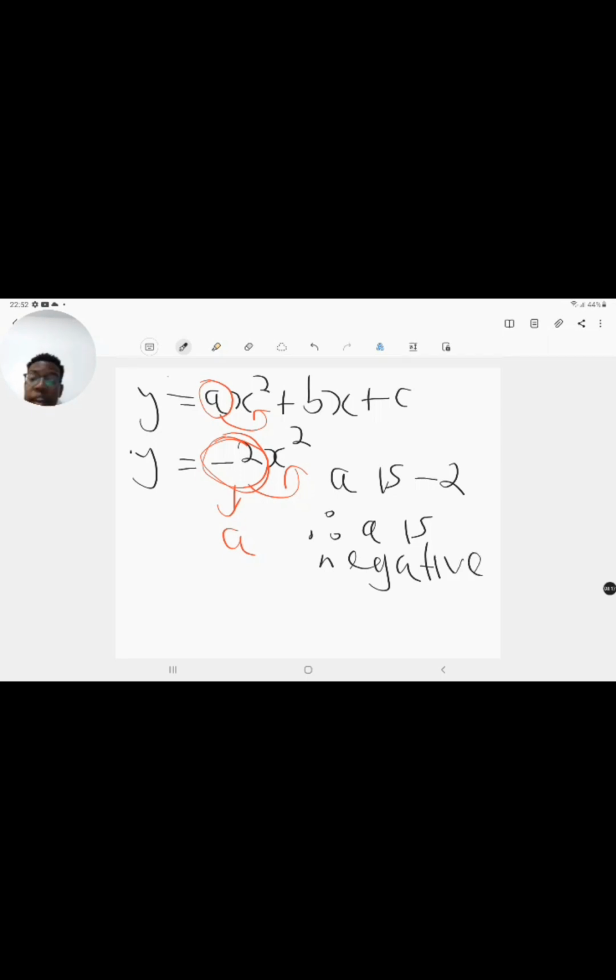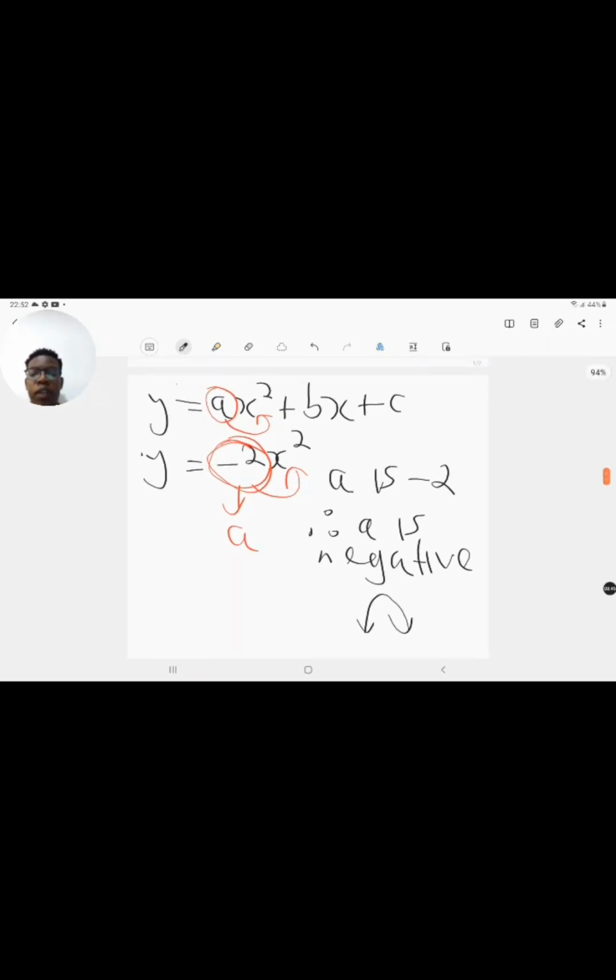Negativity means unhappy, a sad situation. So the graph will be going in the downwards direction. So far we're not sketching. We're going to sketch all these graphs in subsequent videos, but now I'm just explaining the basics of these standard forms. From this you would be able to tell me the shape is that one.